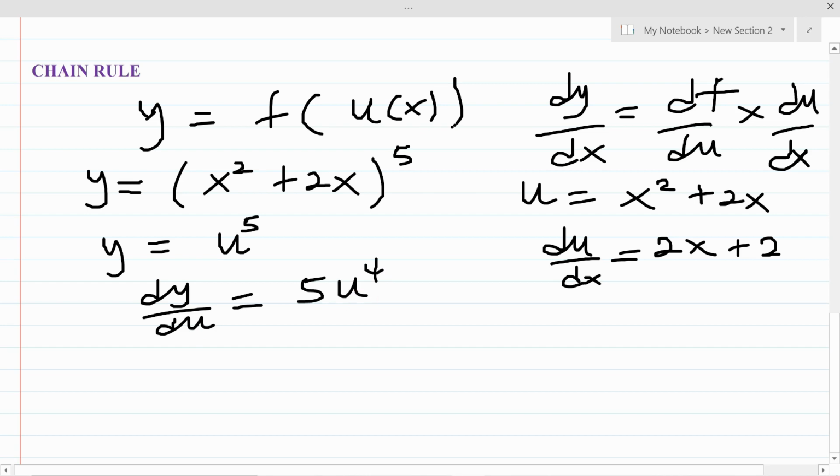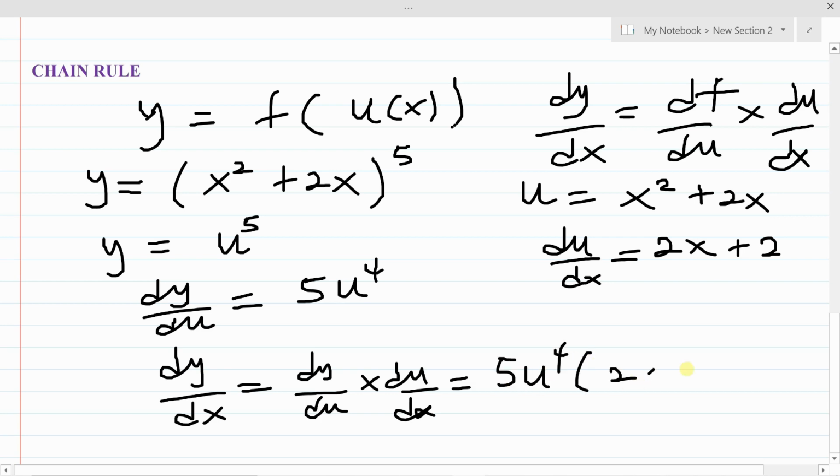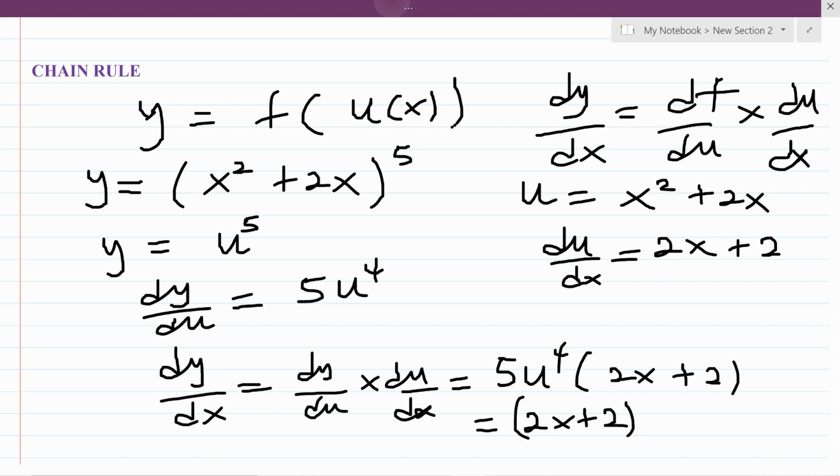Then it means that our dy/dx is actually equal to multiplying the two of them, and that will be dy/du times du/dx, which is equal to 5u to the power 4 into 2x plus 2.